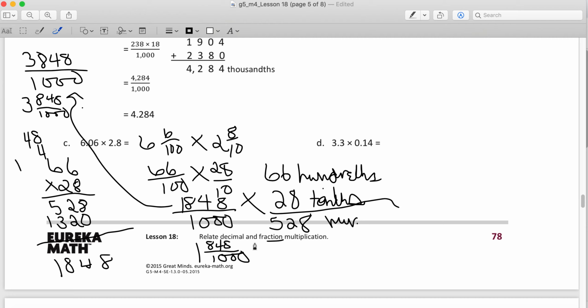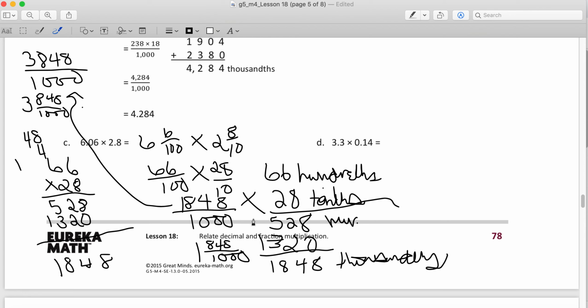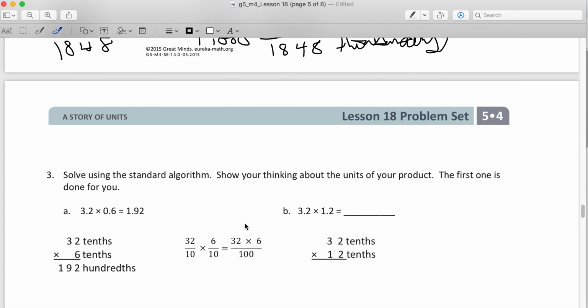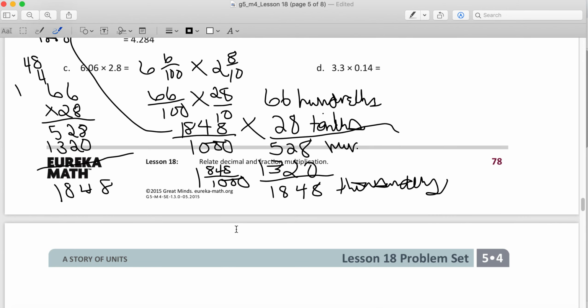And then 1,320, which gives us 1,848 thousandths. There you go. All right. Hope that this makes sense. I'm having a little fun here.